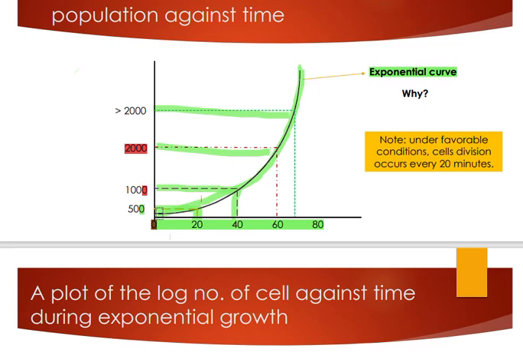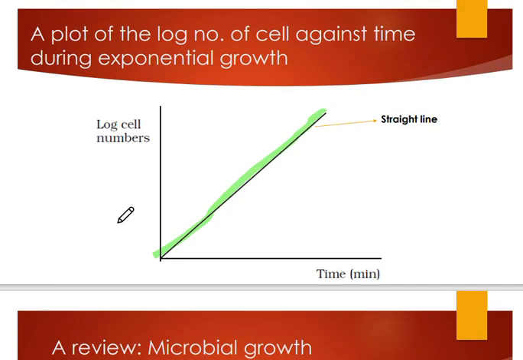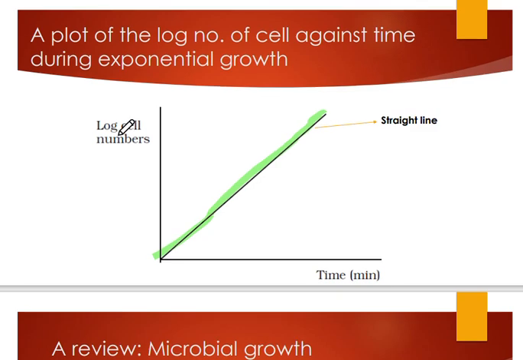This part here, you can draw a line here. Okay, this part. So there is an exponential, straight line that you can plot for your cellular number versus your time.